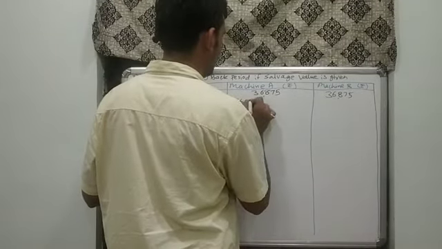Then third part, what we have said, average investment. What was the formula for average investment? We have said average investment is original investment divided by 2. So original investment was of 56,125 divided by 2 is equal to 28,063.